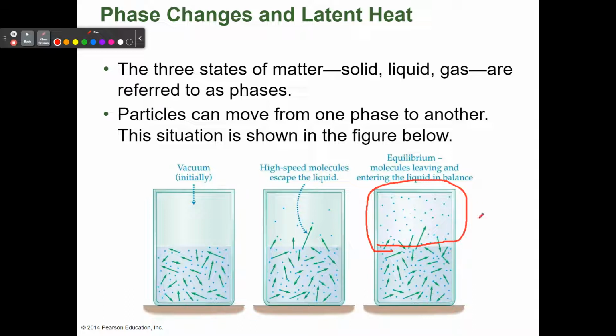So if we increase that pressure, that's what's going to cause some of them to head back into the liquid phase. So we can describe or characterize gases and liquids with the term pressure. Just remember, pressure is the force per area.